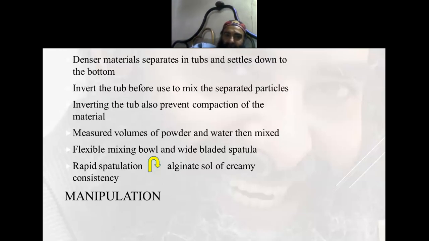And what is this measured volume? It can be an assignment for you: go and search how much alginate powder is to be mixed with how much quantity of water.